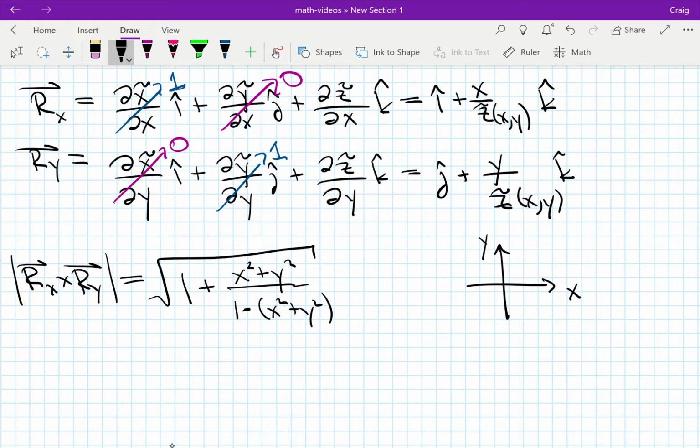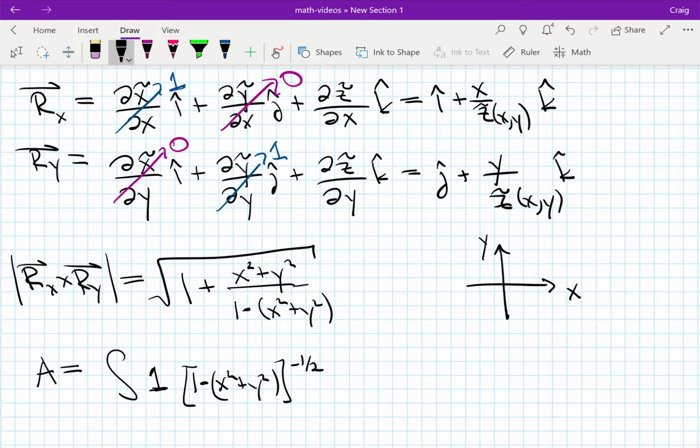So let me write the area. It is going to be an integral, and the thing I'm integrating is 1. My measure of integration, the thing that I need to multiply dx times dy by, is going to be 1 minus x squared plus y squared to the negative 1/2.